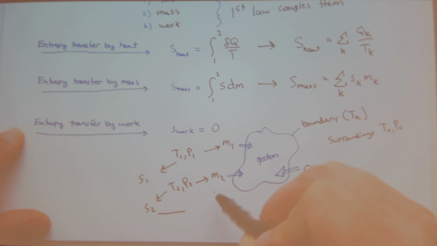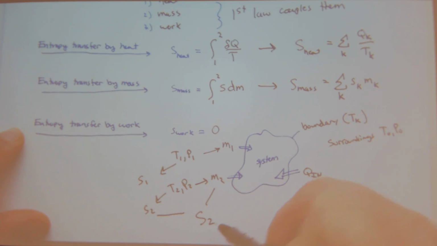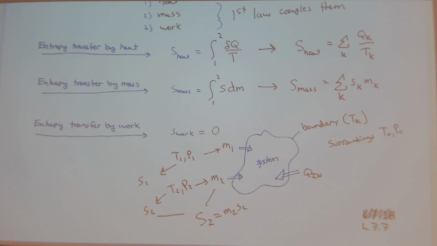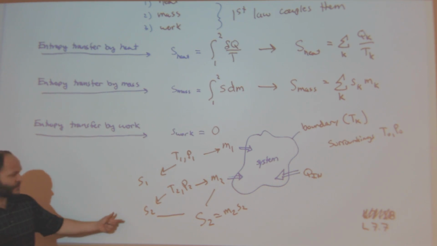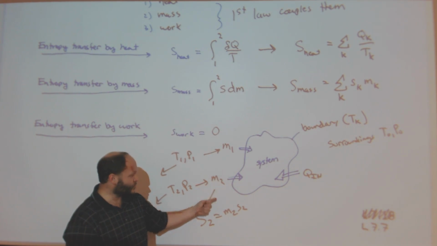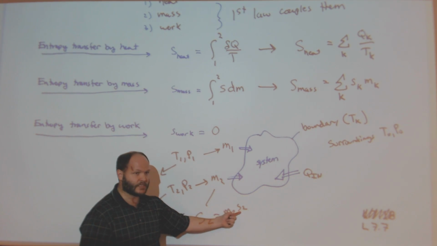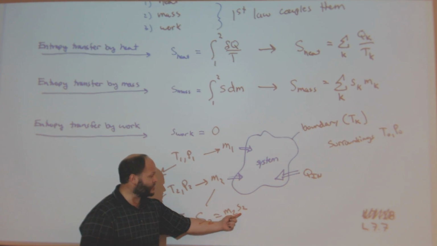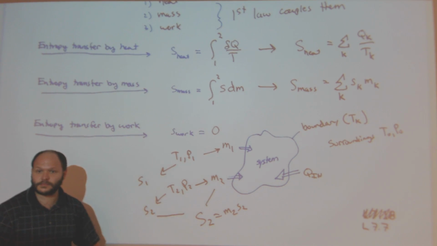Where both of these are big S2. So the total entropy coming in is related to the mass times its entropy, this part plus that part.